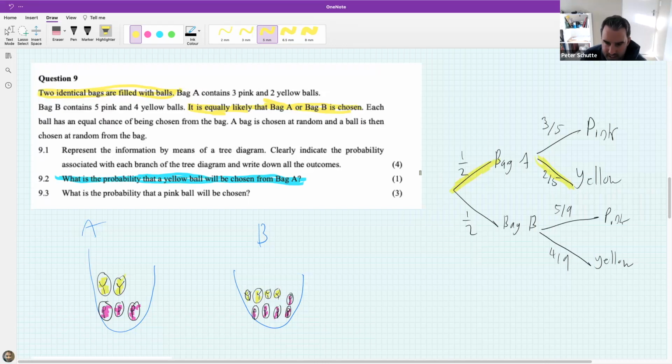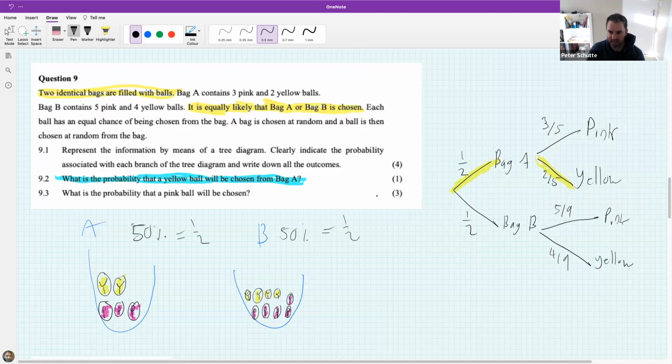Conke has asked, how did I get the half? So Conke, the half comes from the fact that it said in the question, it's equally likely that bag A or bag B is chosen. When we say something is equally likely, it means that bag A has a 50% chance of being chosen and bag B has a 50% chance of being chosen, or a half.